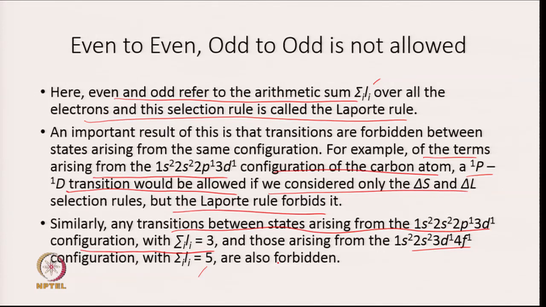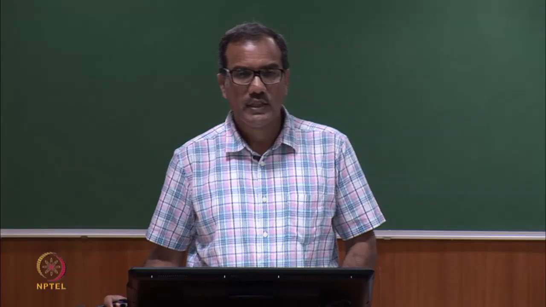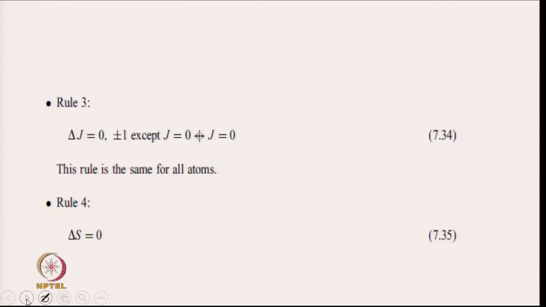So, these are two important examples to understand what we mean by even to even not allowed, odd to odd not allowed, while even to odd is allowed or odd to even is allowed. Rule 3 is delta J should be 0 or plus or minus 1, except that J equal to 0 to J equal to 0 is not allowed, and that I have discussed several times. So, I am not going to discuss it in detail, and rule 4 is delta S equal to 0.